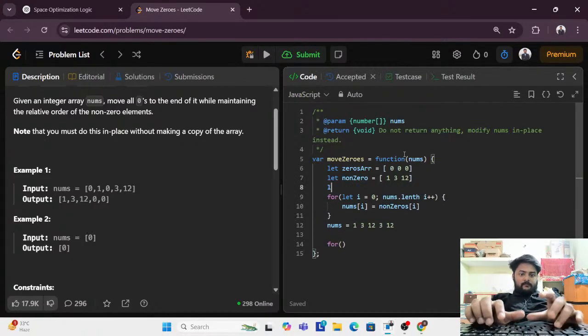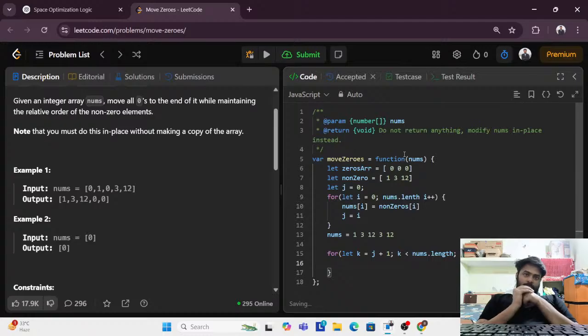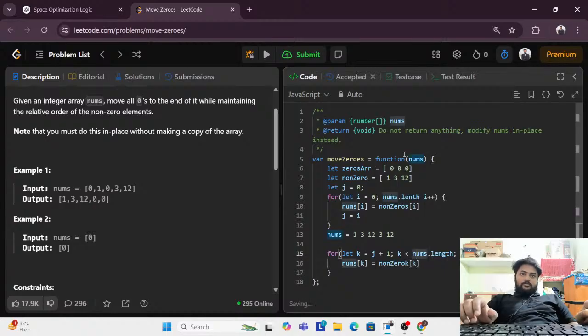I really have to save j equals to 0, and I will pass j equals i, and I will start let k equals j plus 1, and then k is less than nums dot length, and k plus plus, right, and then nums of k equals nums of... okay, no, wait, actually non-zero. I think I'm doing something wrong.